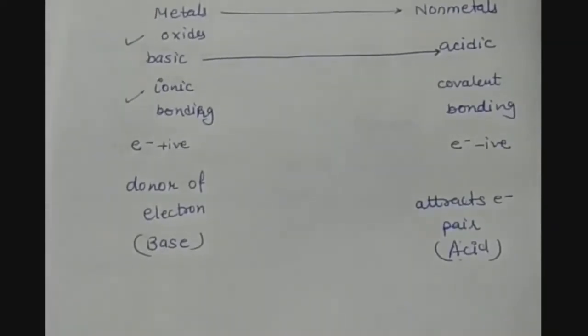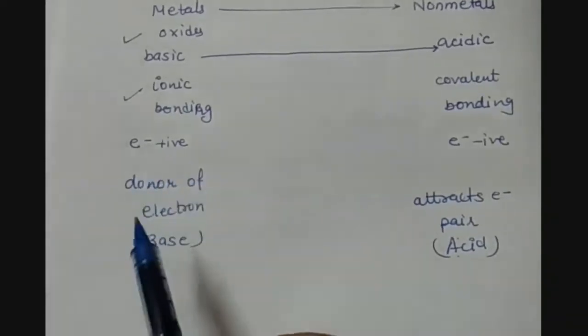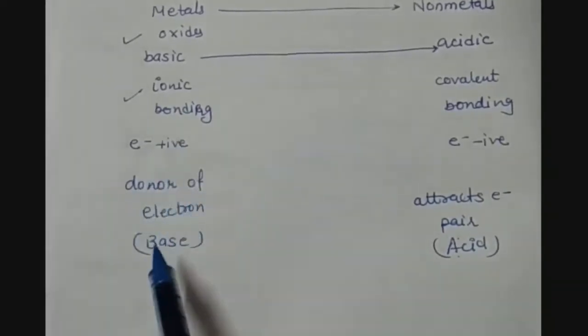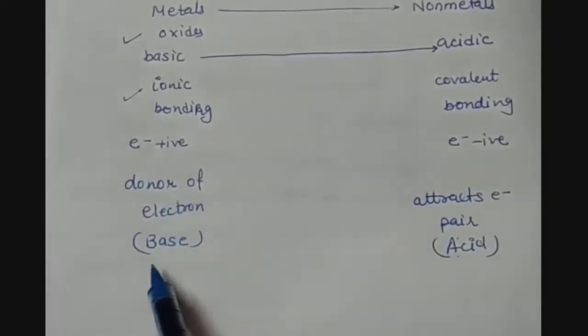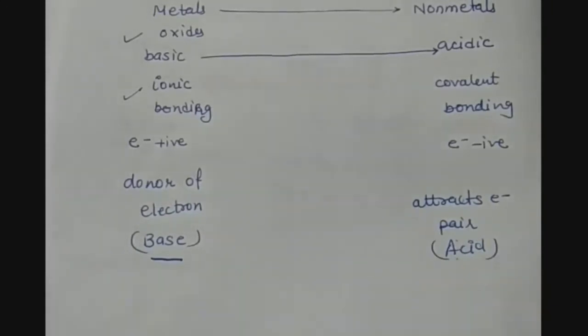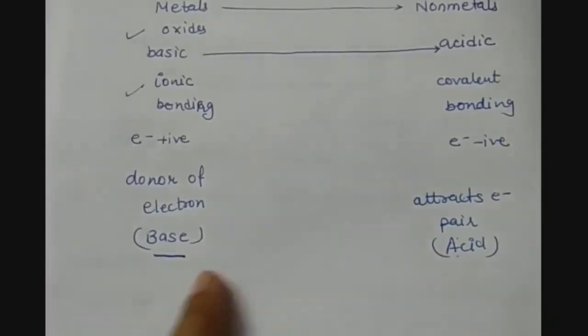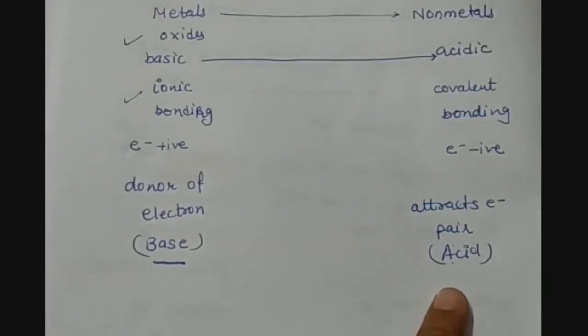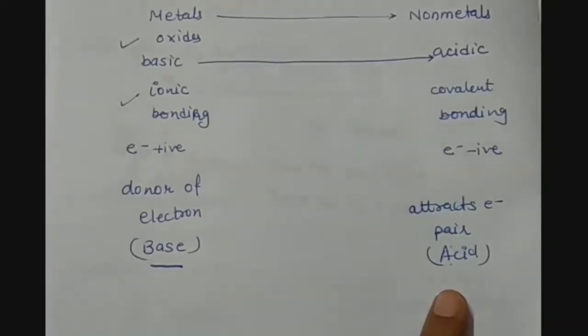One more thing, according to electropositivity, we know that metals are donors of electrons, so they behave as bases, because we have studied according to the Lewis theory that a donor of electrons is a base, and that which attracts electron pair or shared pair of electrons towards the nucleus is an acid.